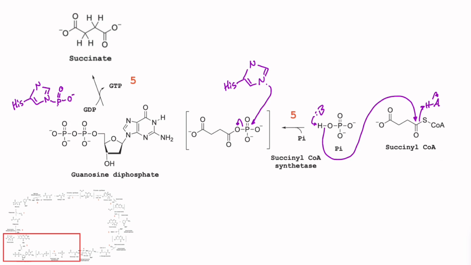Then the phosphate group on the histidine residue is transferred to GDP, forming GTP. In this reaction, we go from succinyl-CoA to succinate. GTP is later converted to ATP.